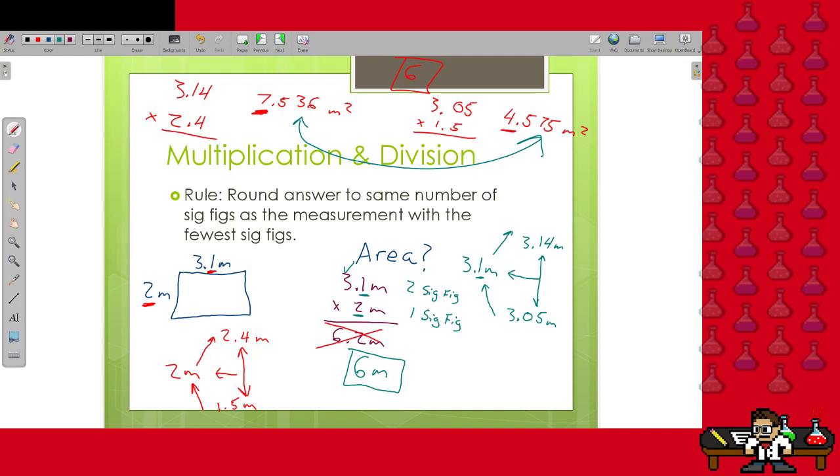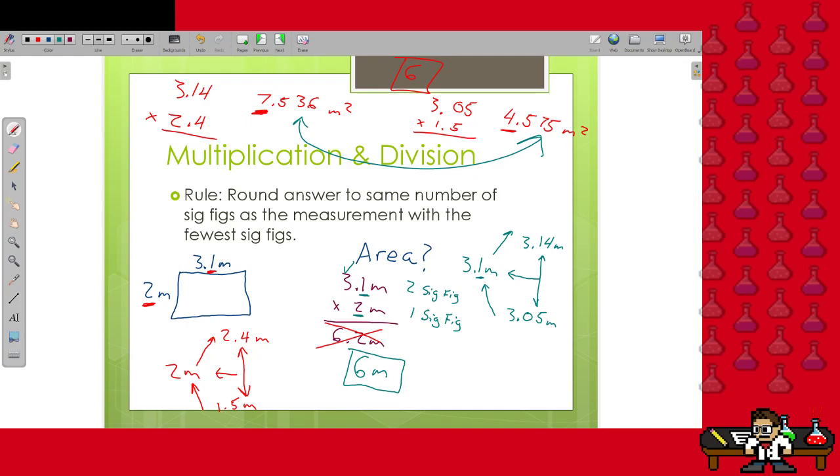Now, because we only had one significant figure in this value here, we can't do any estimation past that first significant figure. That's really what this calculation is telling us: we are only one significant figure sure about this final answer.